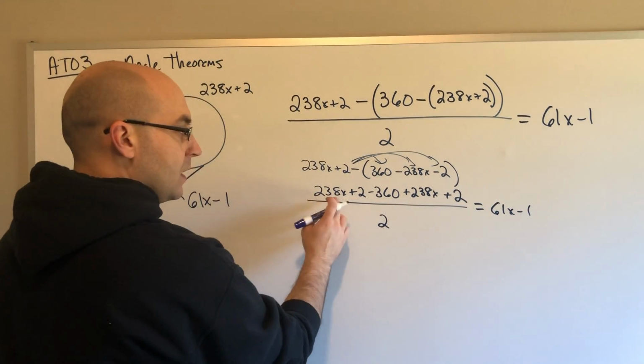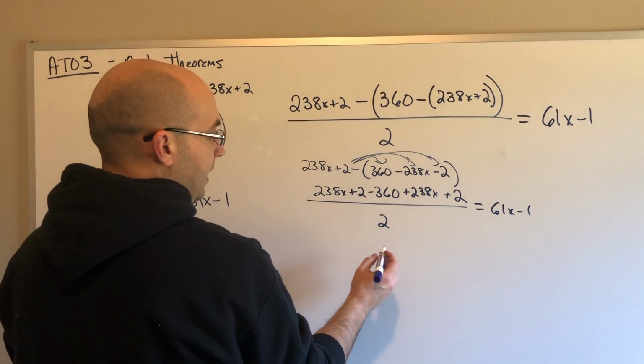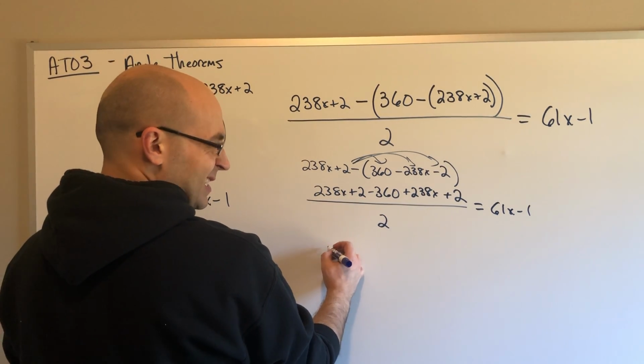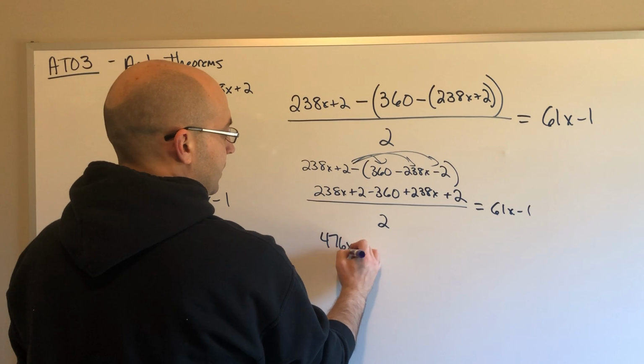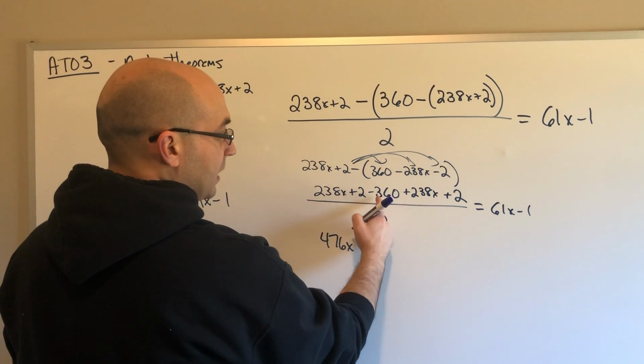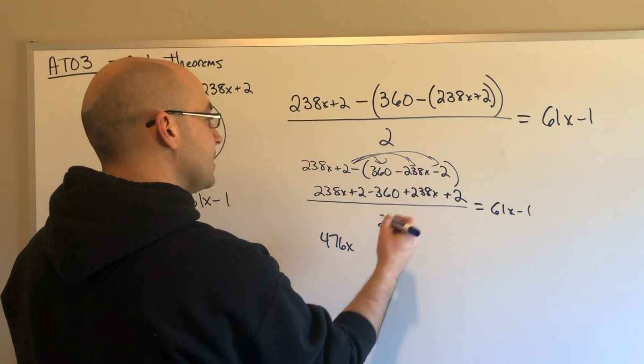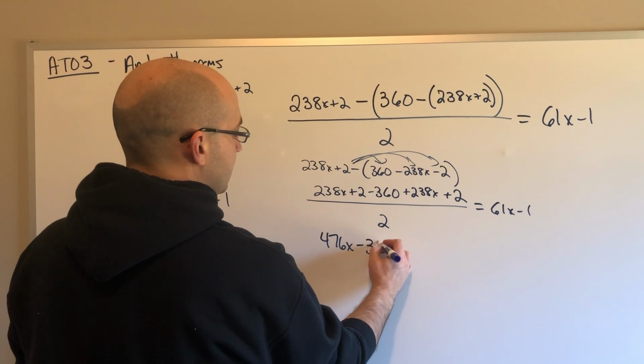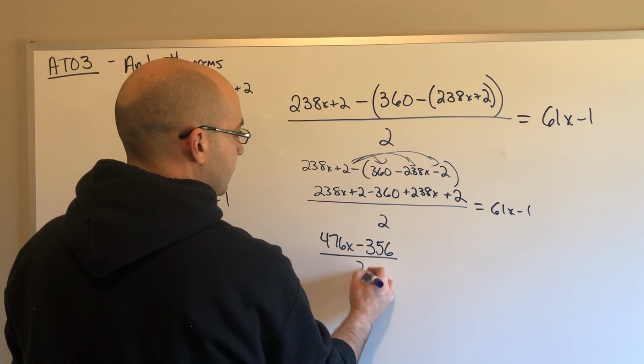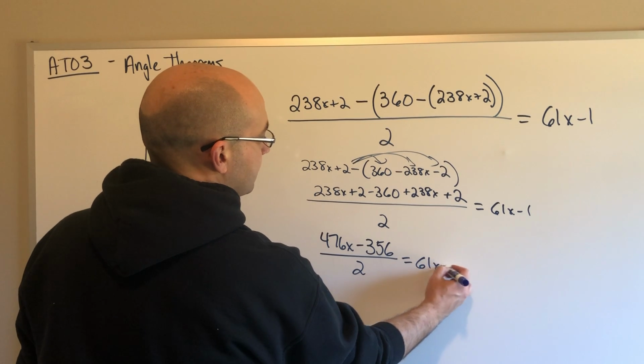Let's clean up the top. 238x plus 238x is 476x. The plus 2 and the plus 2, but I have a minus 360 as well. So that's 4 minus 360, which is minus 356. And that's over 2, which will equal 61x minus 1.